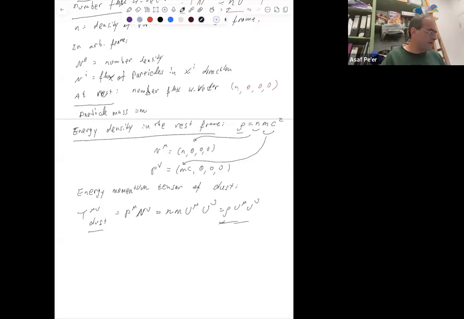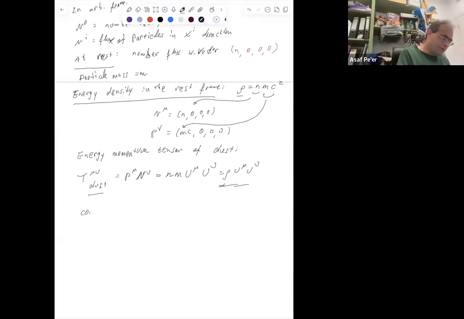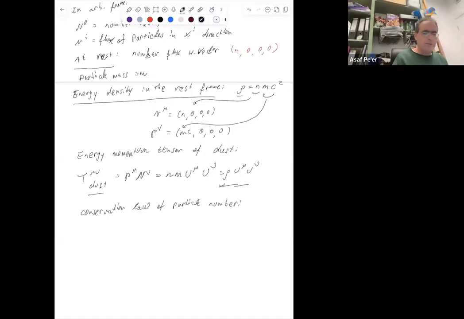As a side, I can write down the conservation law of particle number in a very elegant way using the gradient. I simply write it down as d mu N mu, which is dN mu over dx mu, equal to 0.